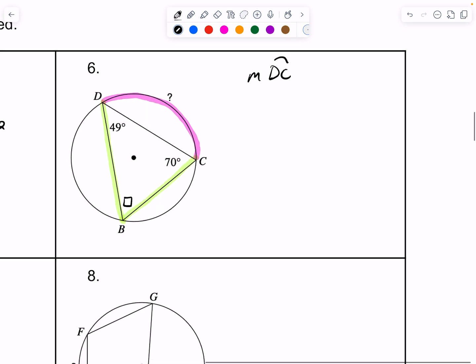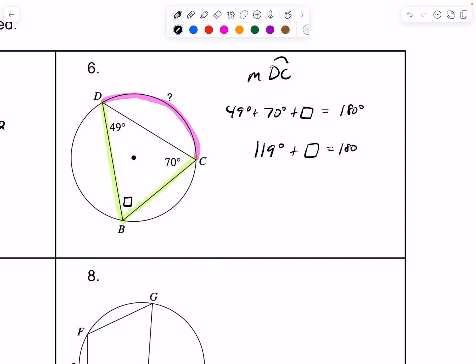So this is a triangle that's been inscribed. So 49 degrees plus 70 degrees plus the box angle is going to equal 180 degrees. So that's 119. Subtracting the 119 to the other side, it's going to be 61 degrees.